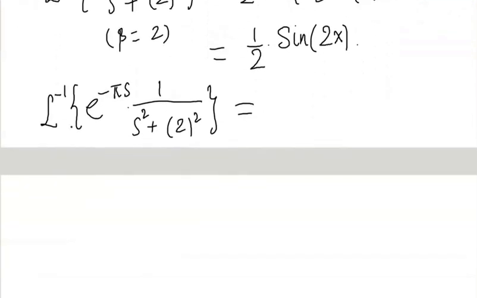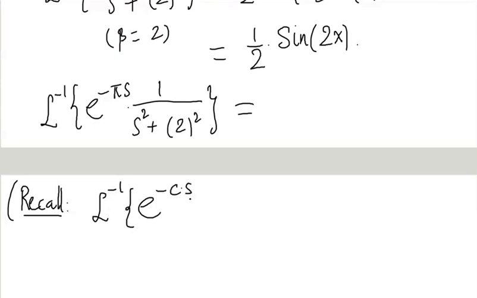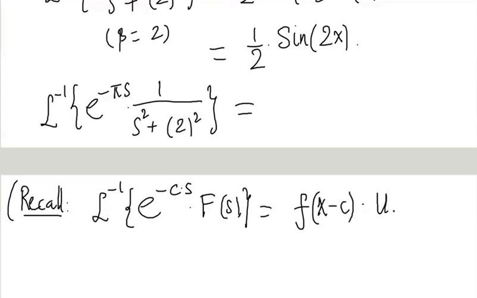Let me recall the formula of shifting here. The inverse Laplace transform of e to the minus cs times capital F of s is: first we need to look for the inverse Laplace transform of capital F. We get little f, and we need to shift it to the right, c units. So f of x minus c times u_c of x. Here, for this problem, c is pi.